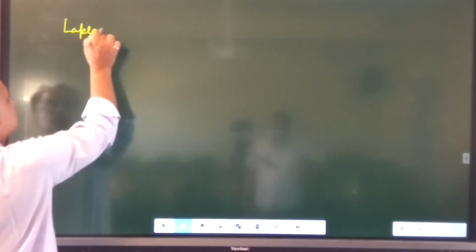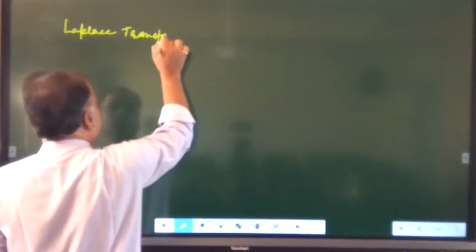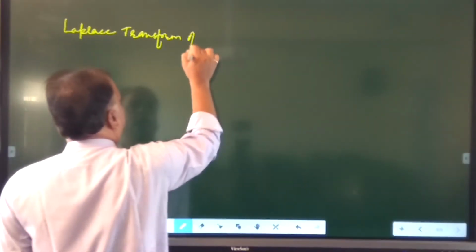Now we find the Laplace transformation of integrals.